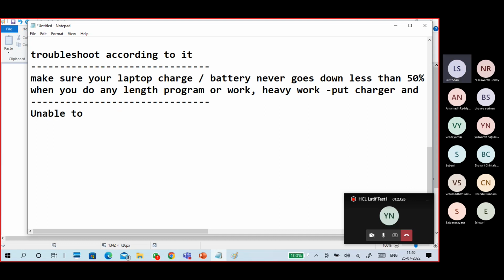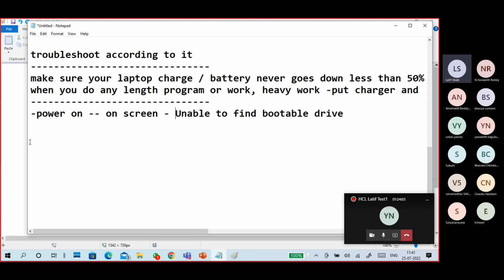Unable to find boot disk or bootable drive. So what is this? You power on the system, and on screen it shows unable to find bootable drive.